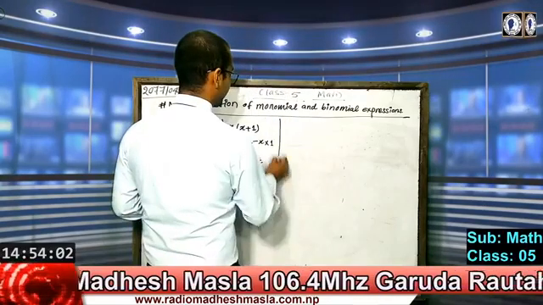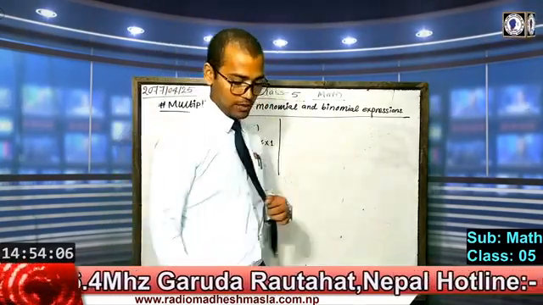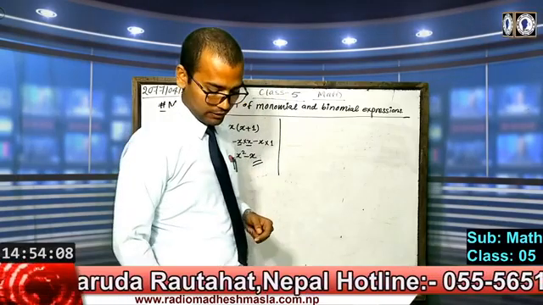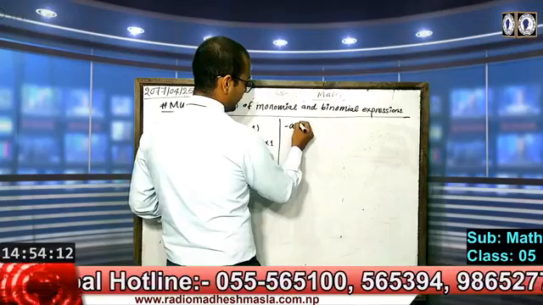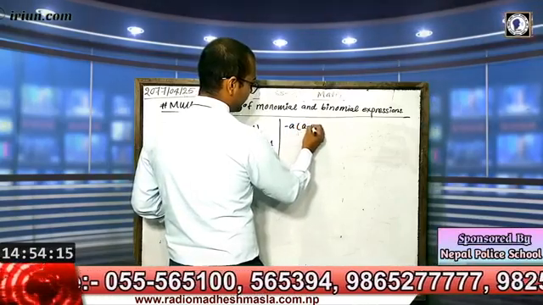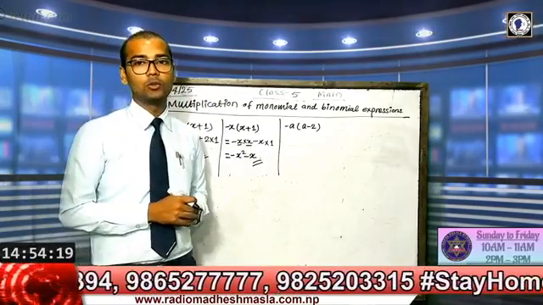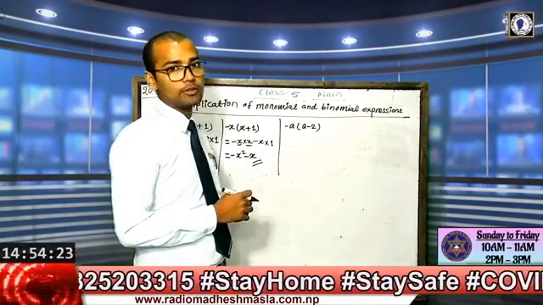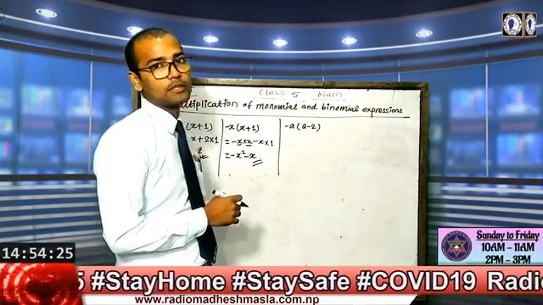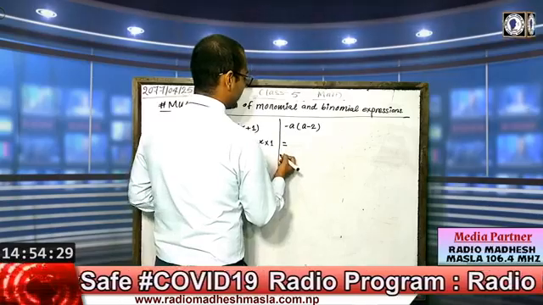Then let us take another example. Suppose minus a into a minus 2. Okay, students, minus a into a minus 2. In this also we should use the same process. First we should multiply their signs.